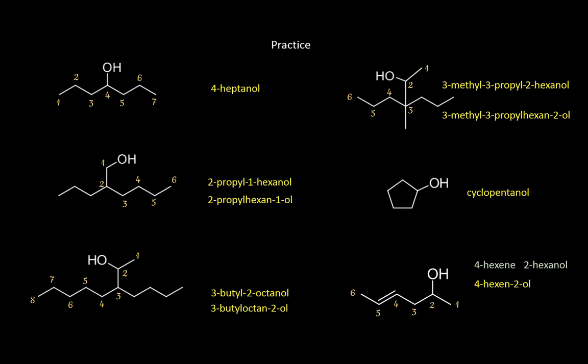Another way is to write hex for 6 carbons, and then add the functional groups in the correct order. The double bond on carbon 4 is 4-ene, and the hydroxyl group on carbon 2 is 2-ol. Hex-4-ene-2-ol. This ends the lesson on naming alcohols.